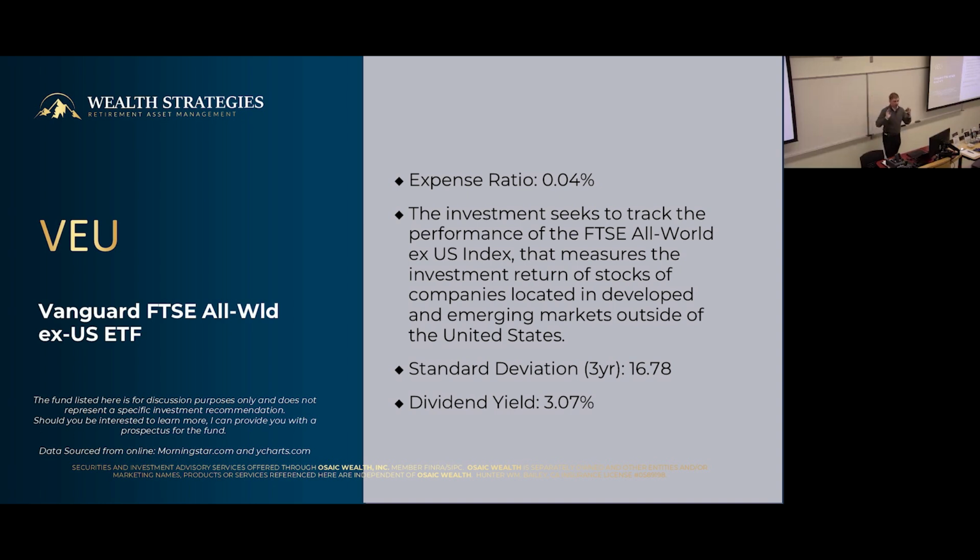Well diversified, pretty decent. One thing you'll notice is that these international stocks usually have higher dividends than US stocks. For whatever reason, they usually have lower valuations. So they pay higher dividends, so that's 3.07. And standard deviation is much closer to something like a US index fund at 16.78.